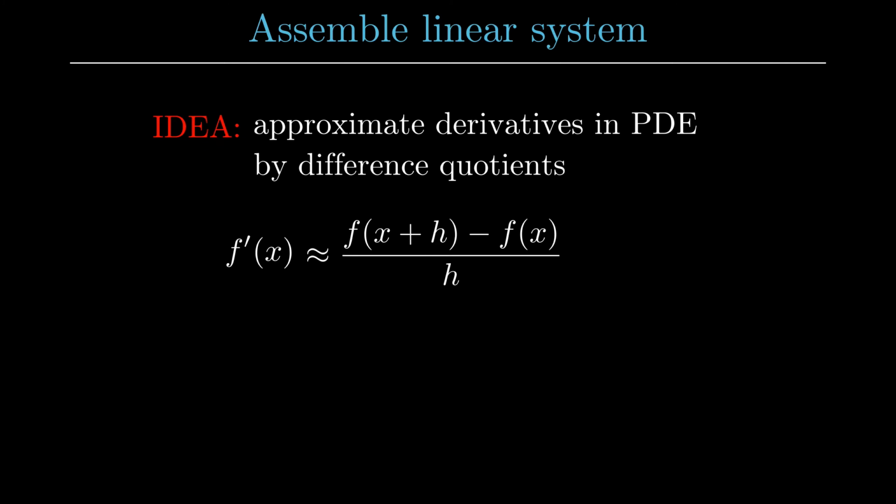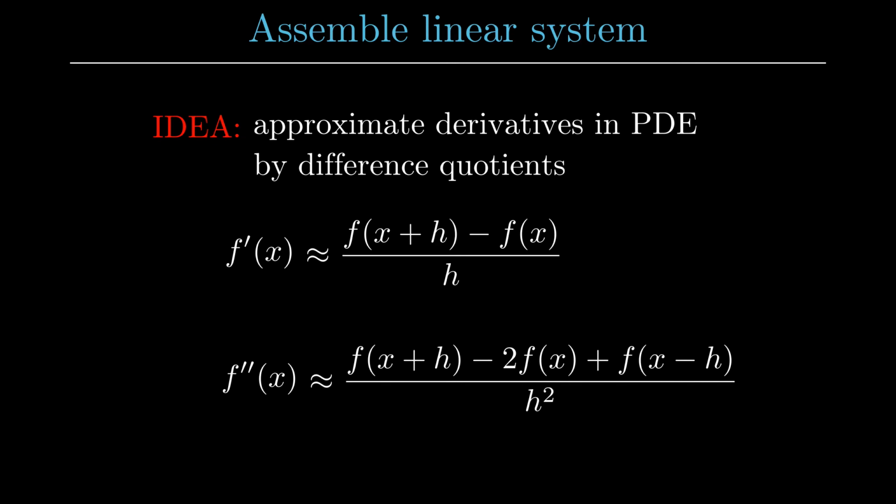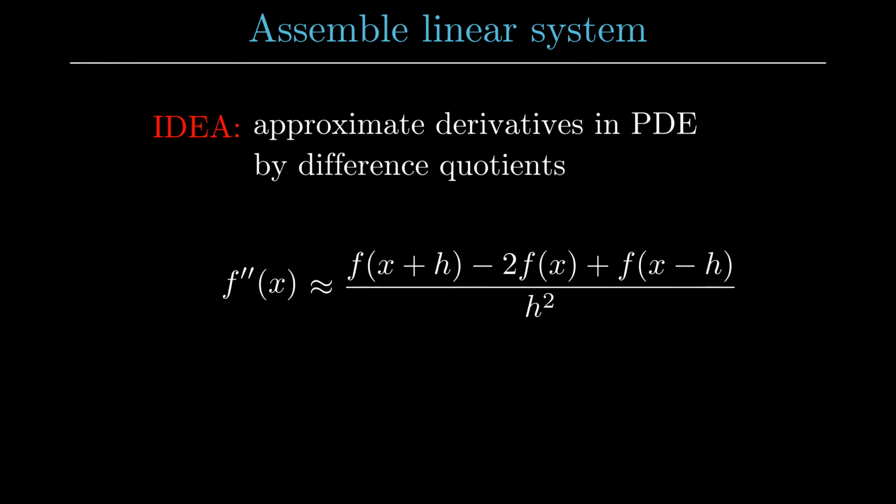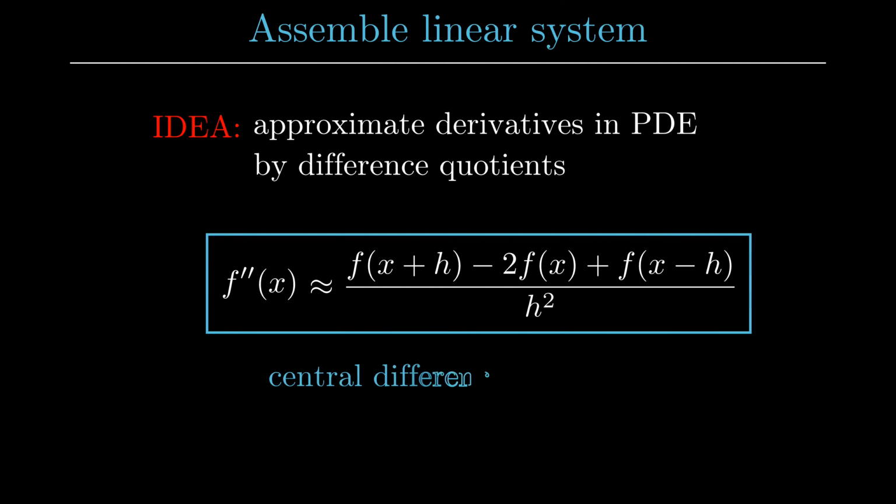For the second derivative, we get by Taylor expansion that f double prime of x is approximately f of x plus h minus 2f of x plus f of x minus h all over h squared, which holds true for small values of h. This formula is called the central difference quotient.